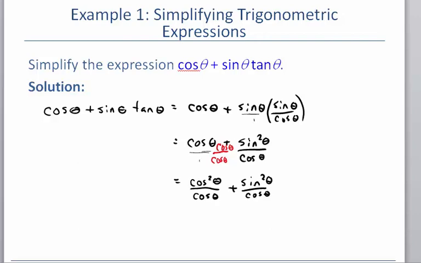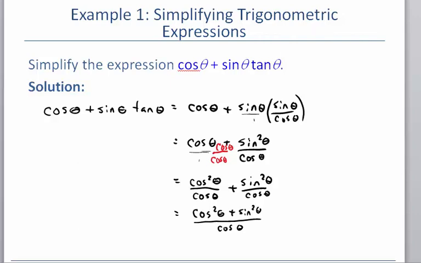Now, since our fractions have the same denominator, we're going to put them together as one fraction. So this is going to become cosine squared plus sine squared, and I'm going to write it all over the denominator of cosine.